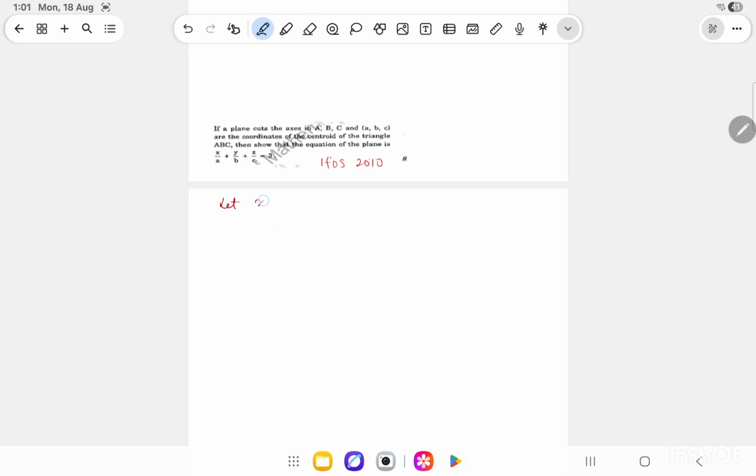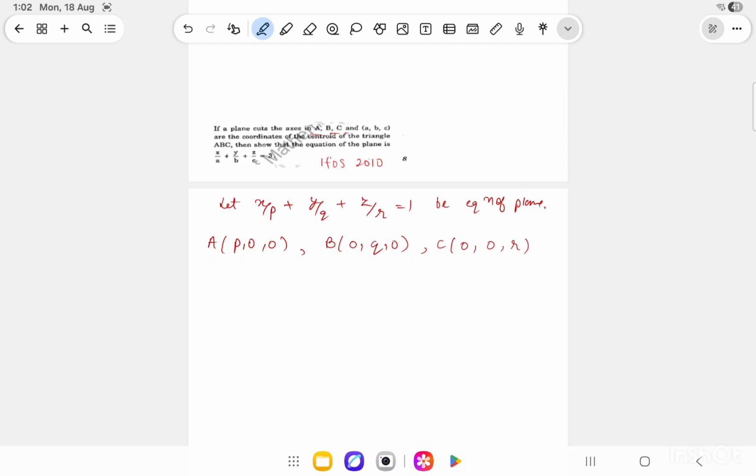Let x by p plus y by q plus z by r equals 1 be the equation of plane. We are taking p, q, r because in the question they have already used a, b and c. Just to differentiate, we are using p, q, r. So this plane cuts axes in A, B and C. So I'll get A as (p, 0, 0), B as (0, q, 0), and C as (0, 0, r). I am taking these questions really fast because these are on a repeated topic and we have discussed similar questions earlier as well.